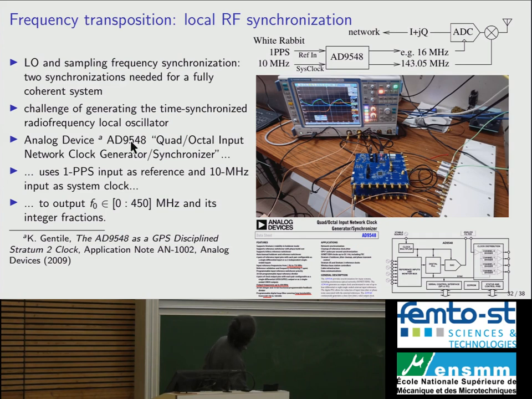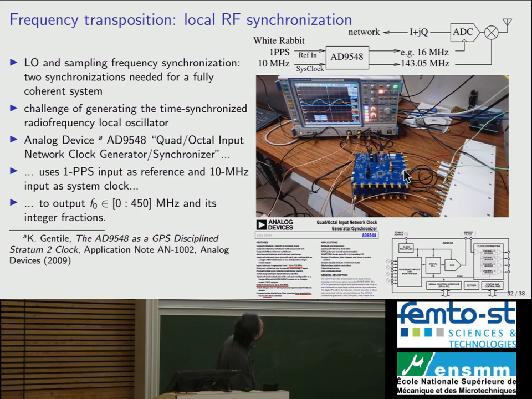And because this AD9548 can have as low a bandwidth as 0.01 hertz, so that's 10 millihertz, well, that will nicely discipline whatever radio frequency output you're generating from this chip on the 1 PPS input.